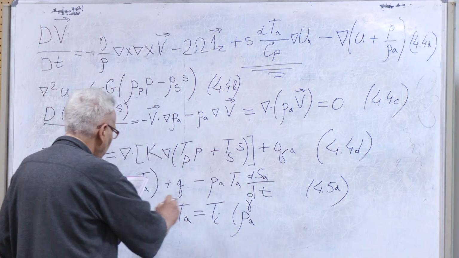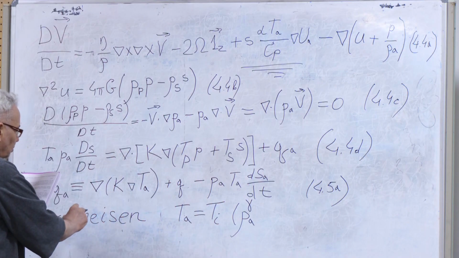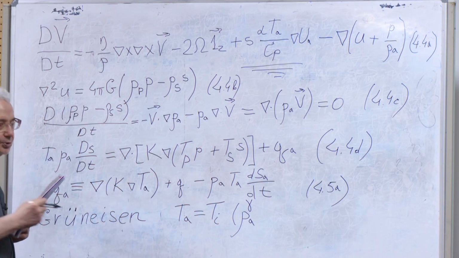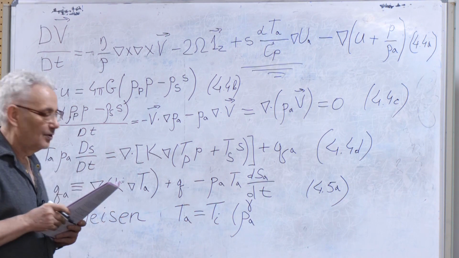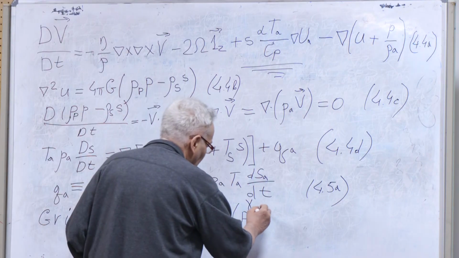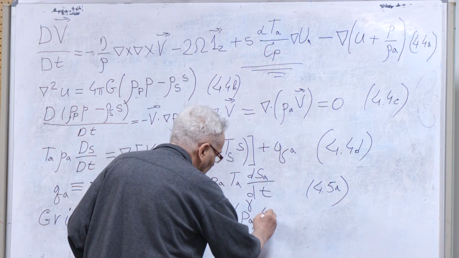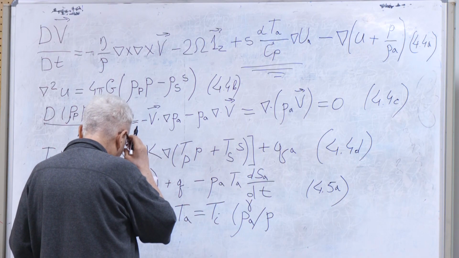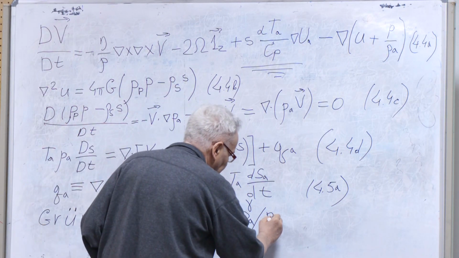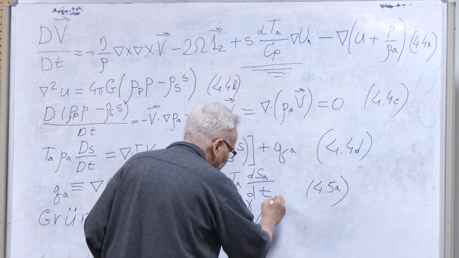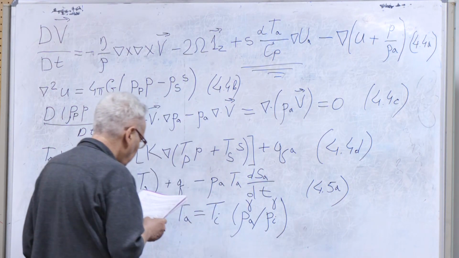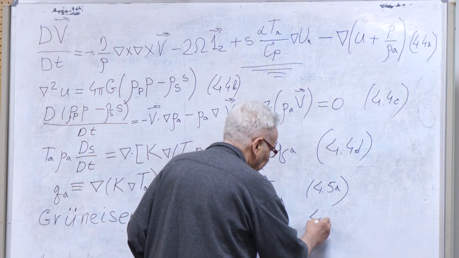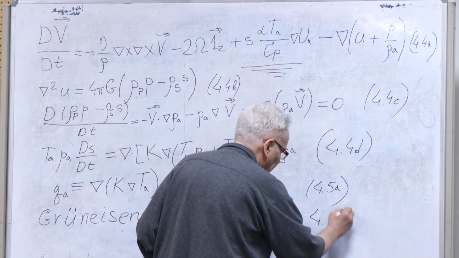This gamma is named the Grüneisen coefficient. He invented this law, and of course here we have, again near the inner core, the same Grüneisen coefficient. So this works as equation 4, 5b.